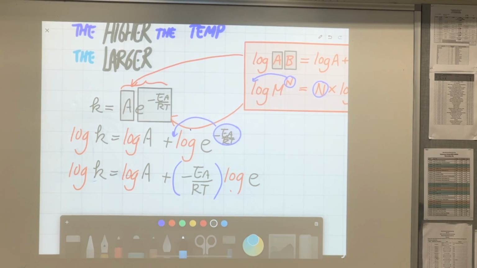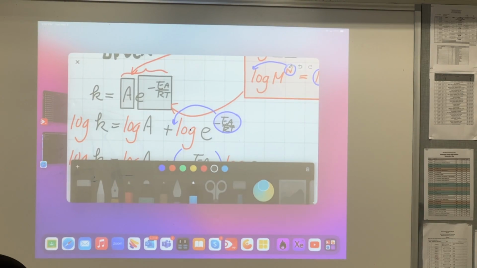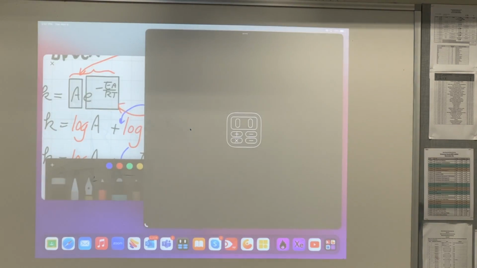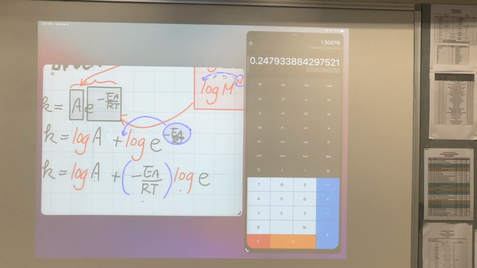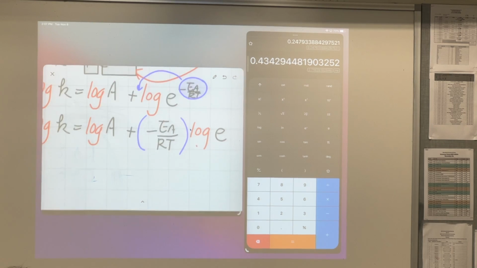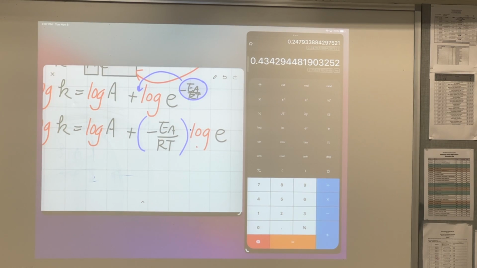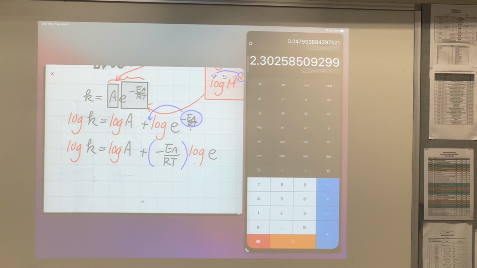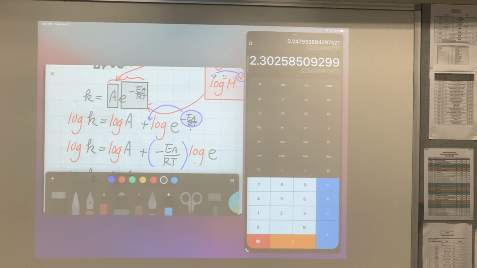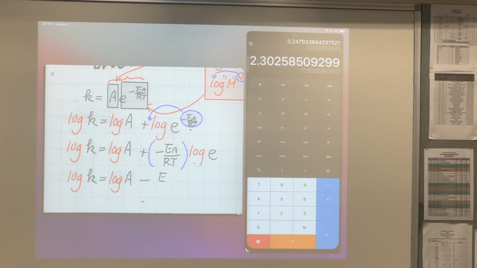If you type log e on your calculator, it will give you a weird number. But then we will reciprocate it, we will do 1 over that. Then you will see that this expression simplifies into a more useful form, which is negative Ea over RT times 1 over 2.30.